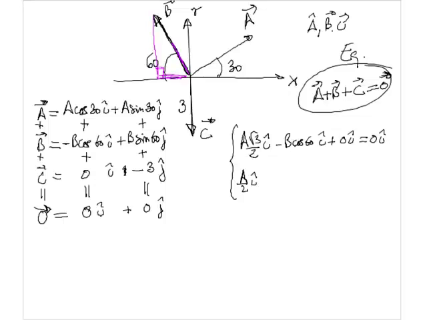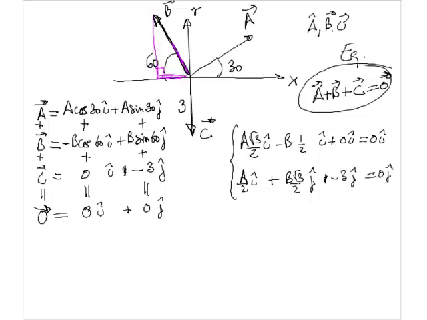Oh, I forgot to evaluate cosine 60. Sorry. Cosine 60 is 1/2. Sine 60 is square root of 3 over 2. Plus, whoops, minus 3. And that is 0 j.